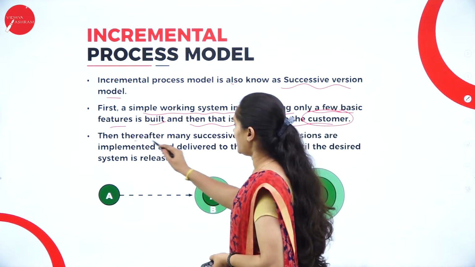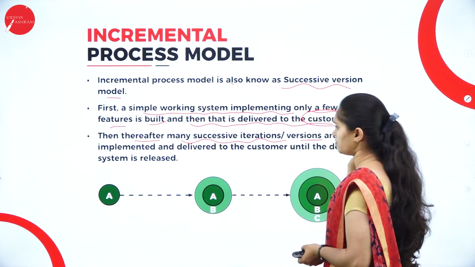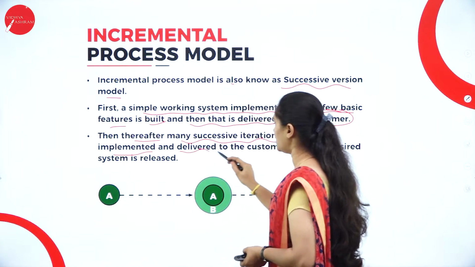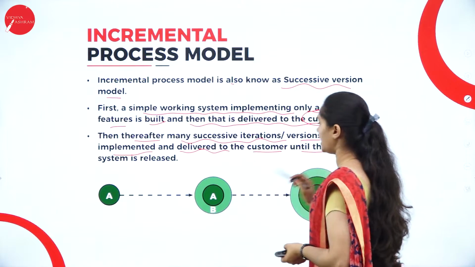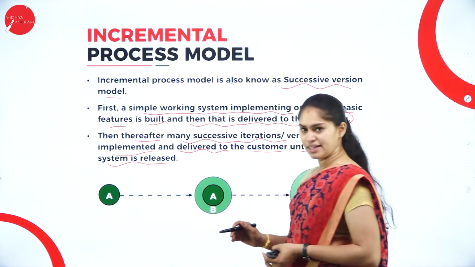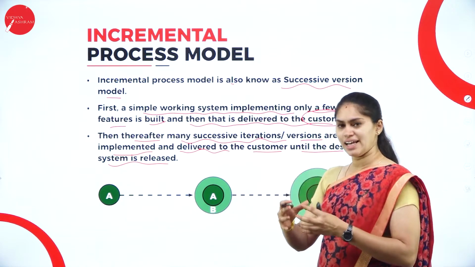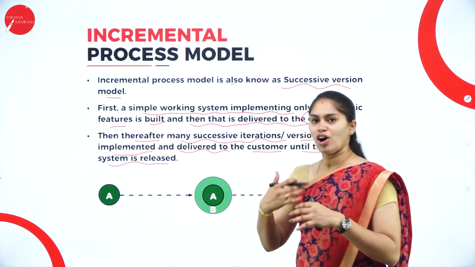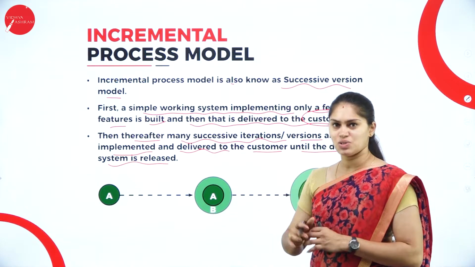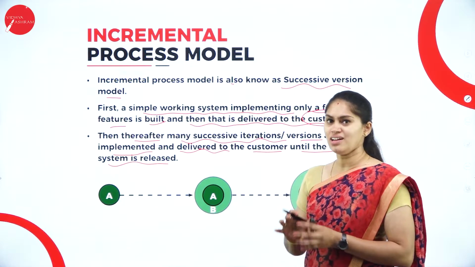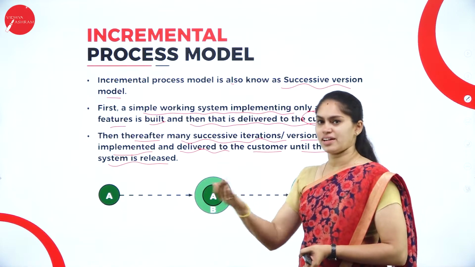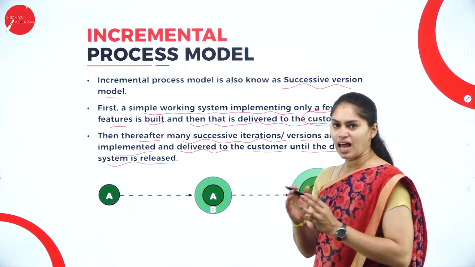Many successive iterations or versions are implemented and delivered to the customer until the desired system is released. So it will be released one model at a time. After all the requirements are satisfied, everything will be merged together and considered as the system that reaches the customer as the final product.